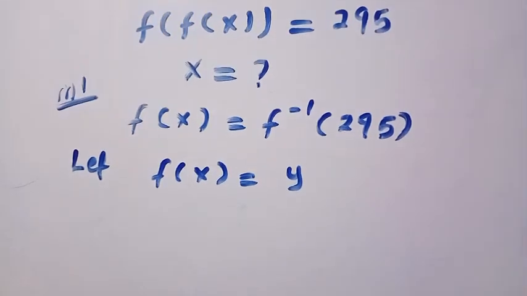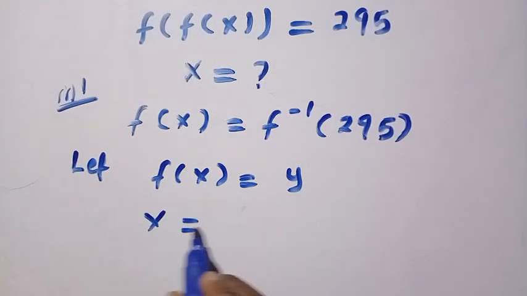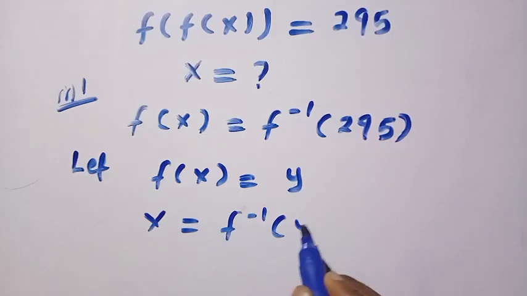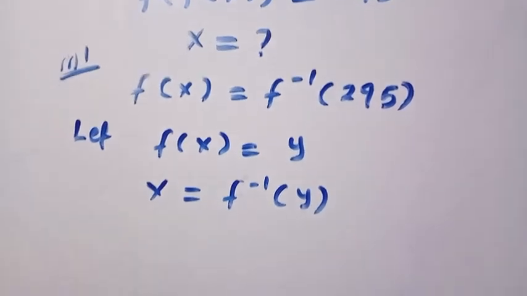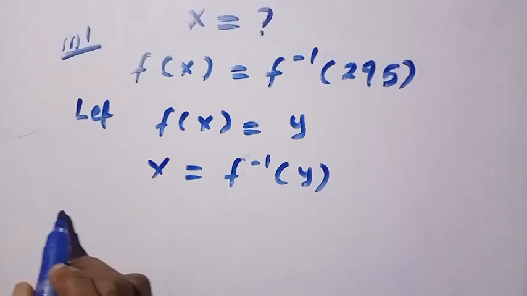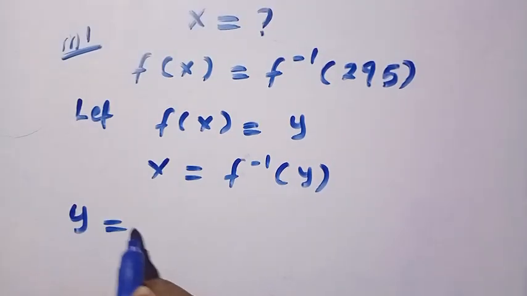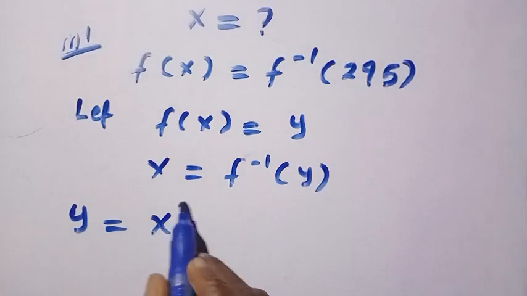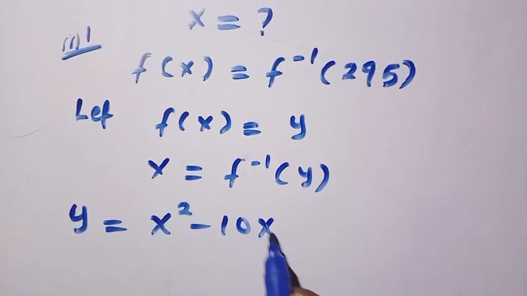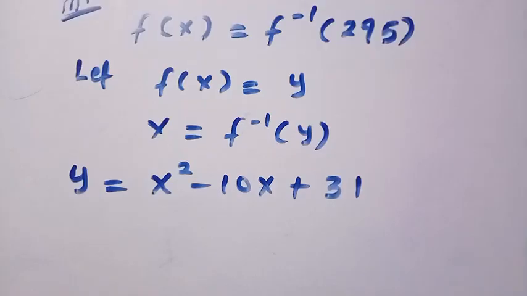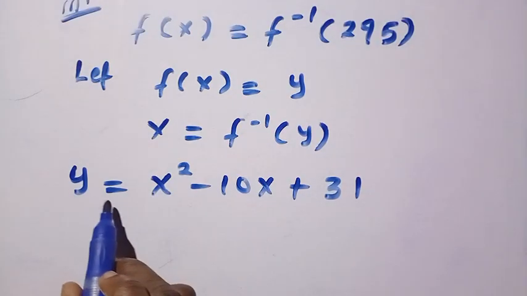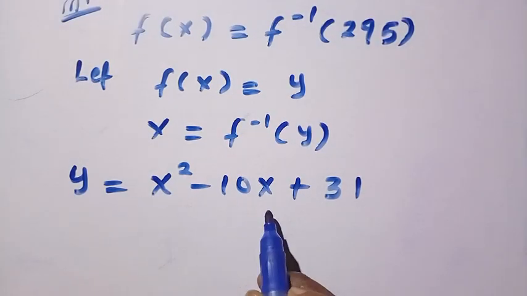If f of x equals y, x becomes f inverse of y. So from f of x, we have represented it as y. y equals x squared minus 10x plus 31. Therefore, we want to make x the subject of the formula from this.